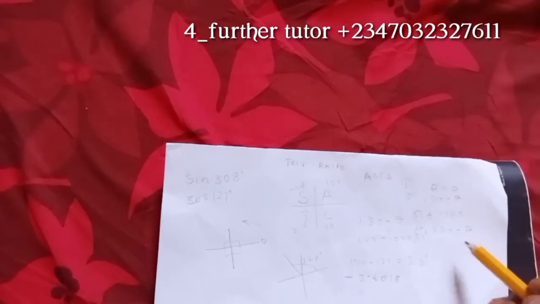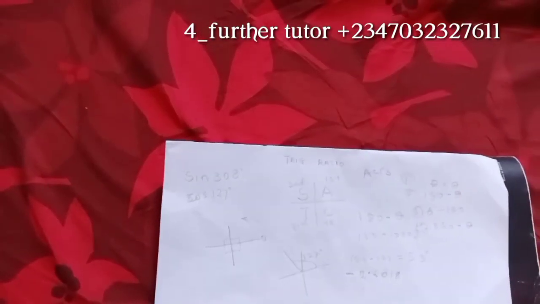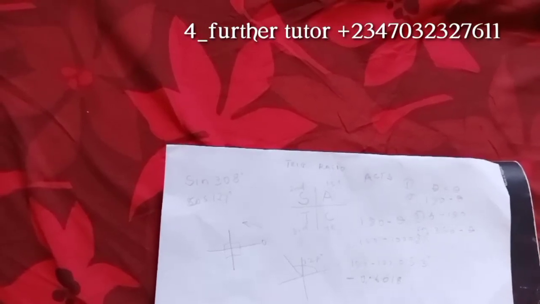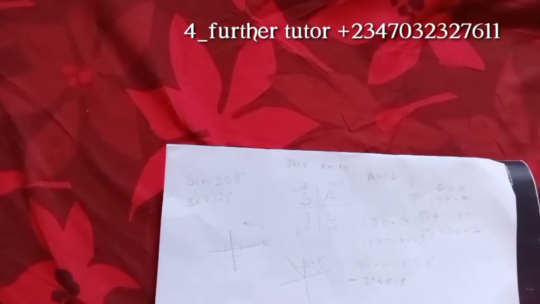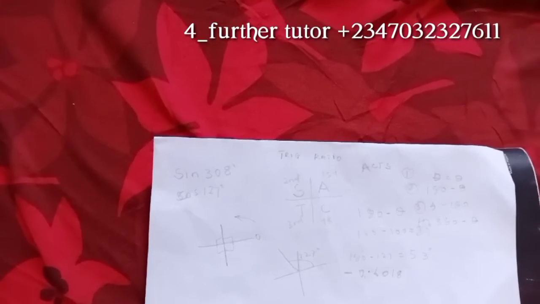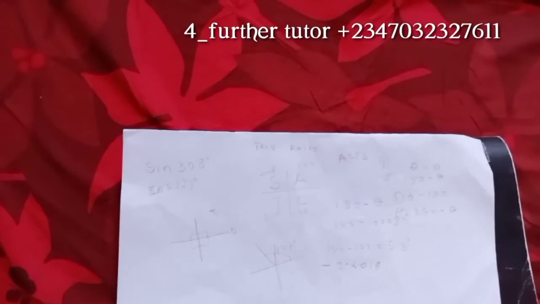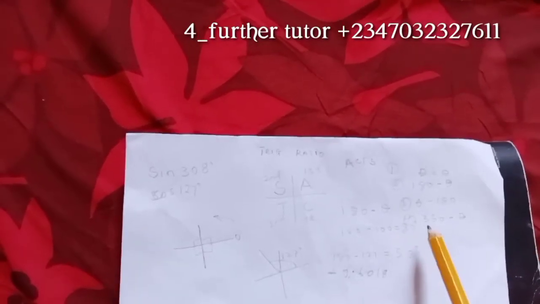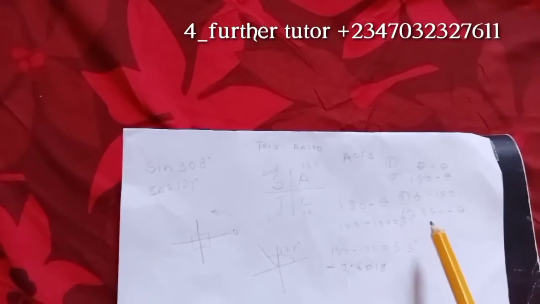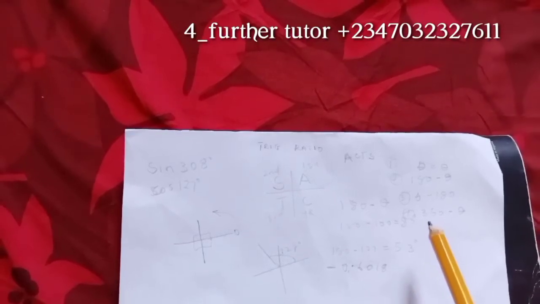Remember, the fourth quadrant is the one that ranges from 271 and above till 360. So in that area, you've gotten how to break down your angles to what you can see in your four-figure table. That's just what this topic is all about.